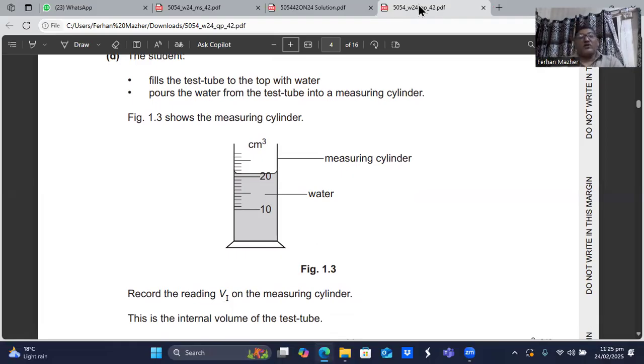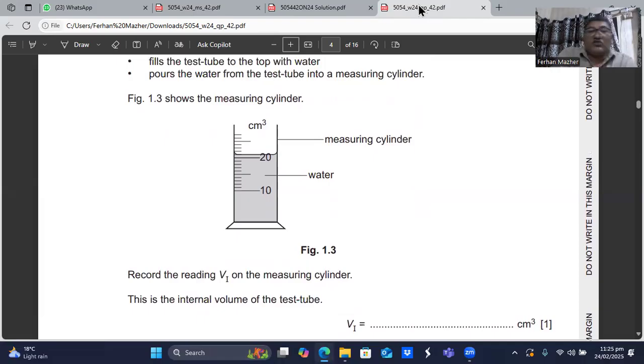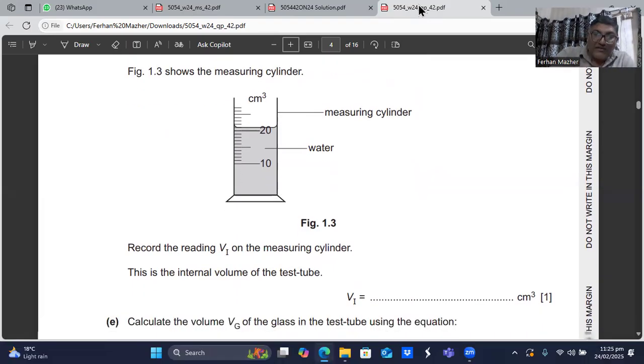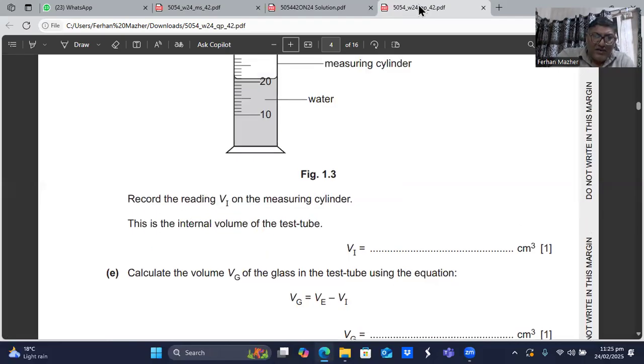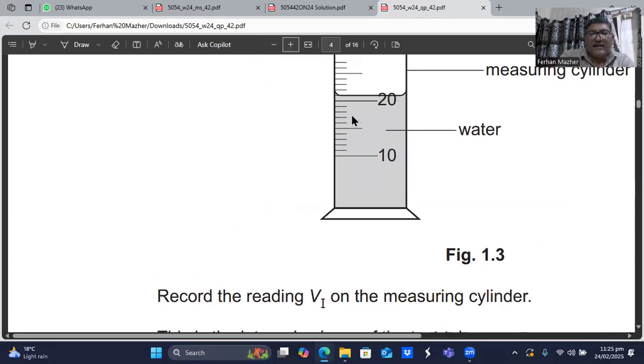So the figure 1.3 shows the measuring cylinder. Record the reading V1 on the measuring cylinder. This is the internal volume of the test tube. So the internal volume will be approximately how much? It is 21. Let me show you. I hope you can see that. This is 20, this is 19, this is 21.